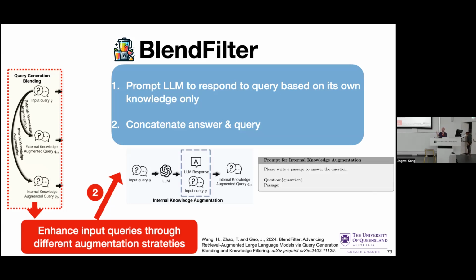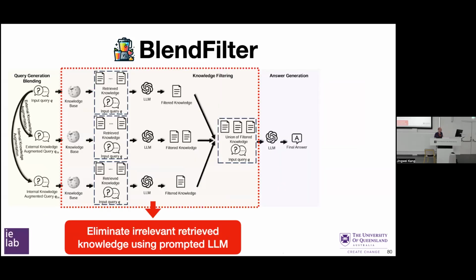So then you could use, for example, a more complex language model and use this as a sort of distillation method. And then again, you take the answer generated by the large language model, you concatenate it to your original query, and now you have an expanded knowledge that you're passing to the next step.